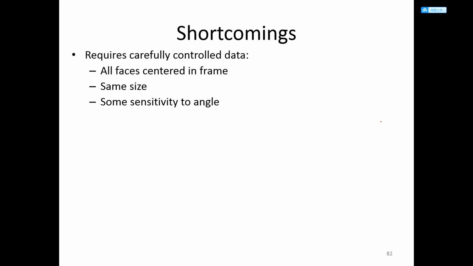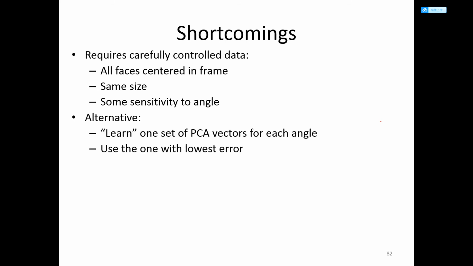Also, because you need alignment, you will be sensitive to scaling and also sensitive to angle. If you tilt the face a little bit, it's probably not that accurate, or you need to first tilt your face back to have good recognition.